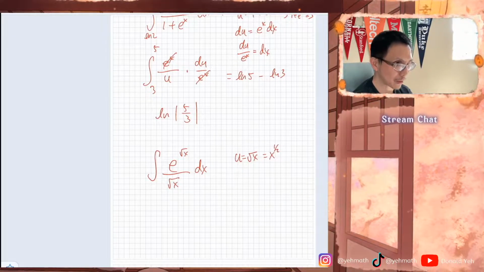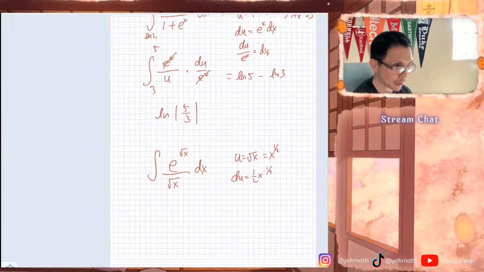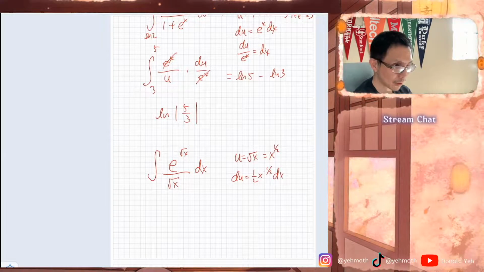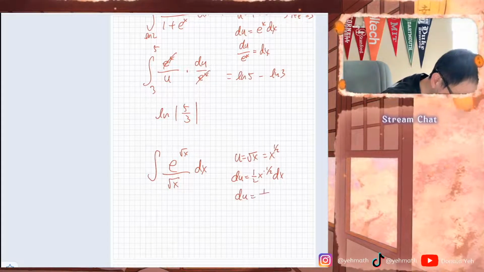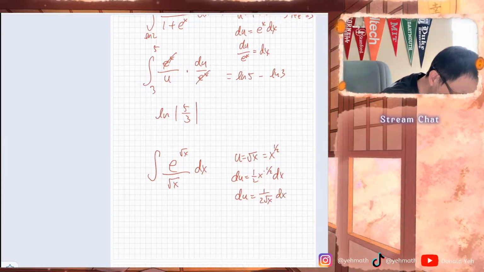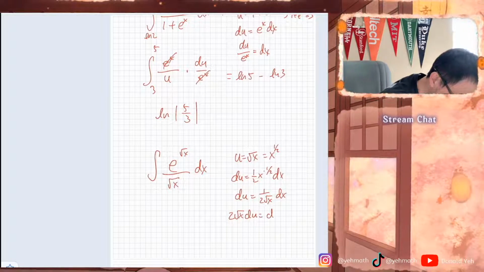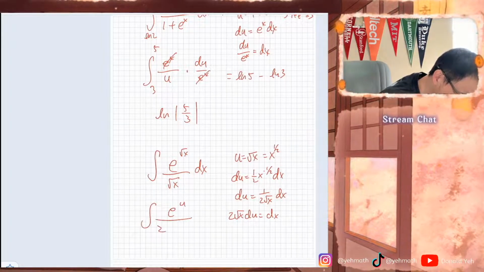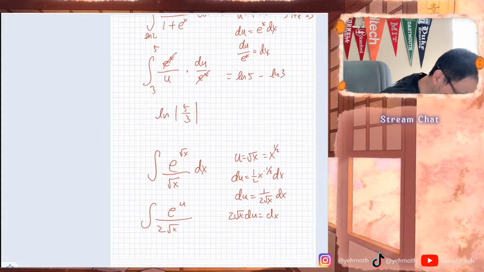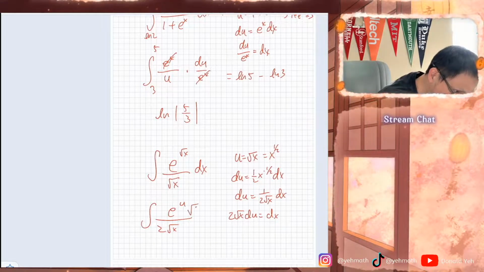Now, why do I do that? If I take du, it is equal to 1/2 x to the -half dx, so that's going to come up pretty nicely. Now, I write it like this always, and I solve for dx always. So it'll be e to the u over 2 square root of x times 2 square root of x dx.